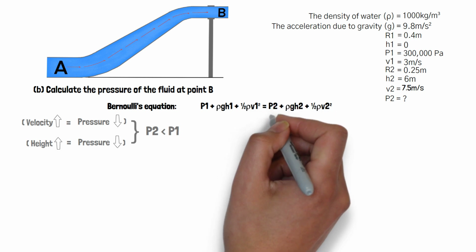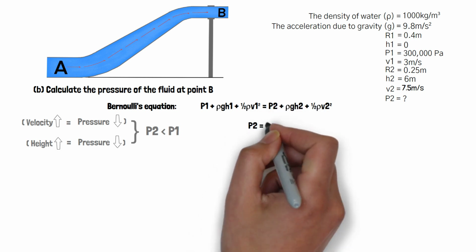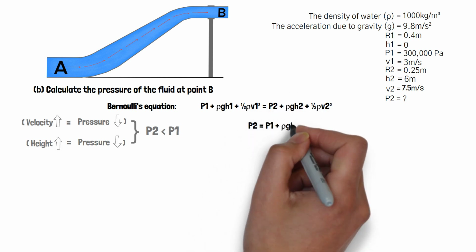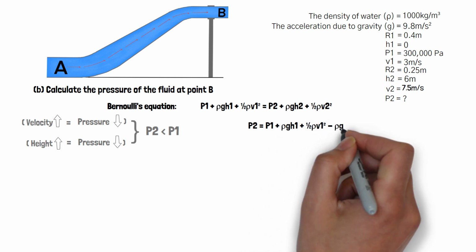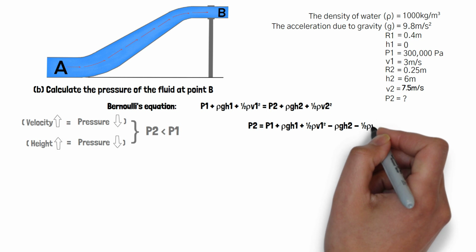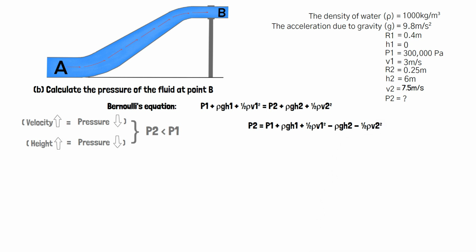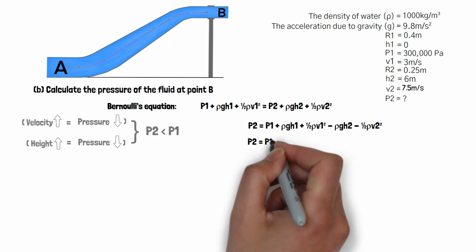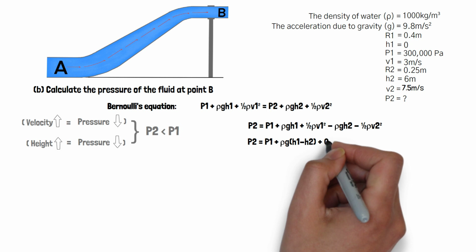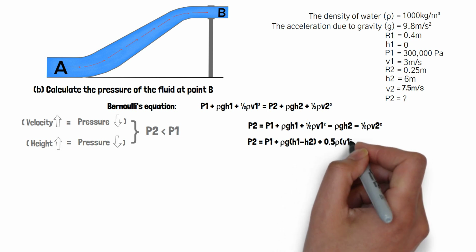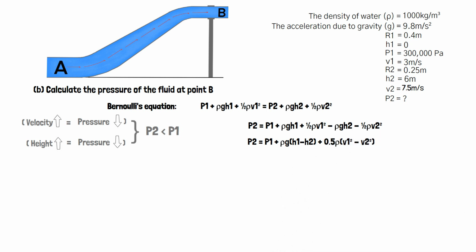Rearranging Bernoulli's equation for P2 gives us P2 equals P1 plus ρg H1 plus half ρ V1 squared minus ρg H2 minus half ρ V2 squared. We can factor this to simplify it, giving us P2 equals P1 plus ρg (H1 minus H2) plus half ρ (V1 squared minus V2 squared).